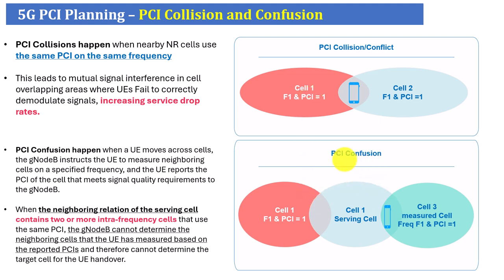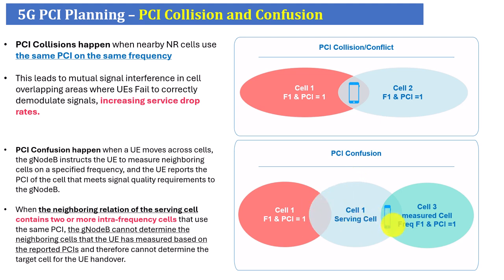And the second concept is about the PCI confusion. As you can see, this is serving cell 1, and you have cell 2 here. This is a typo, and you have cell 3 here. So the neighbor cells, cell 2 and cell 3, are using the same frequency with the same PCI, which is PCI 1.